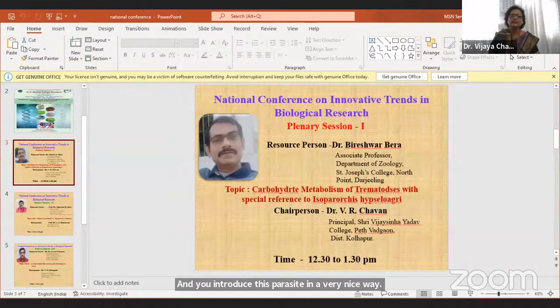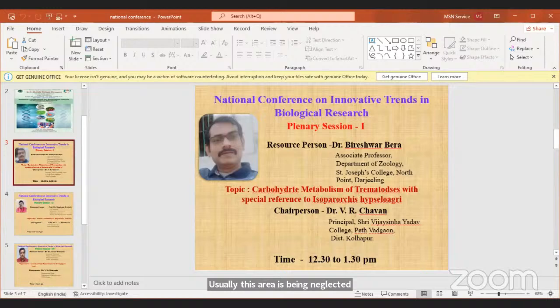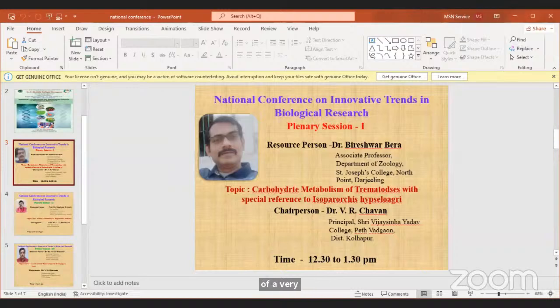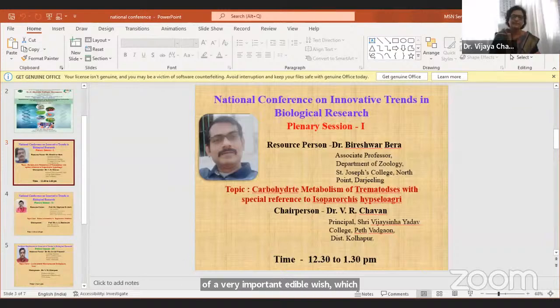Usually this area is being neglected, and as this is a parasite of a very important edible fish, we are quite interested in its biochemistry, physiology and all this. You chose this topic which is very crucial as far as the parasitism and the pathophysiology of this important parasite is concerned.